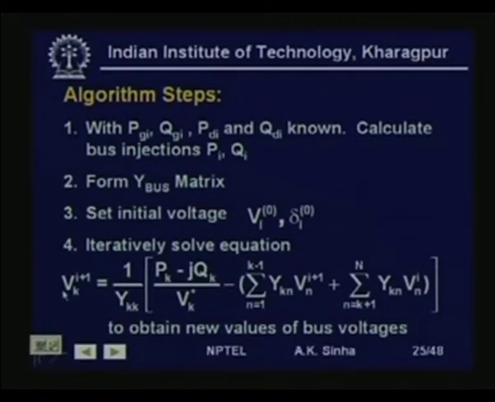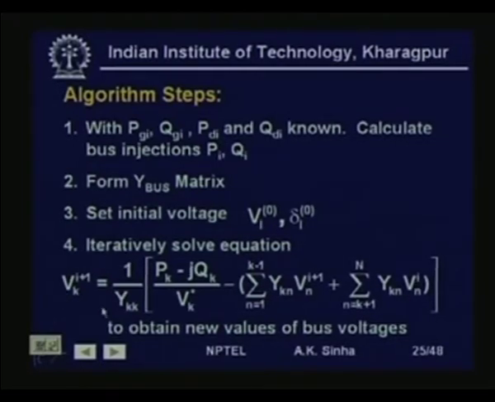That is, if we are doing it for bus 5, then up to bus 4 we have the updated value for the i plus 1th iteration, so we are going to use that. This is what speeds up the solution somewhat. So, this is how we work for the Gauss-Seidel method to obtain the value of the voltages.